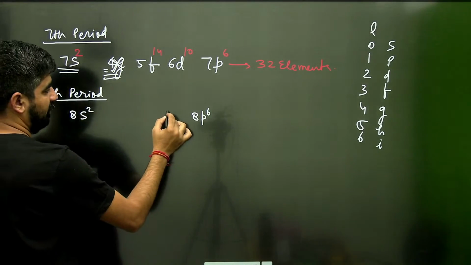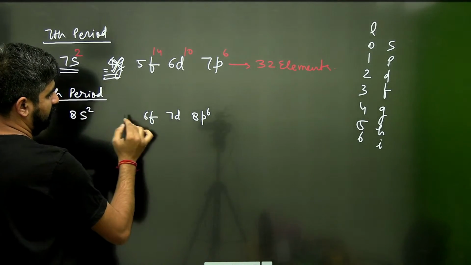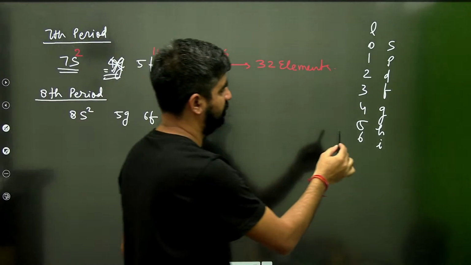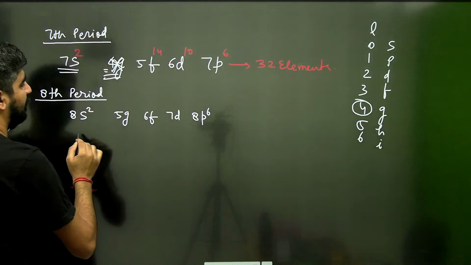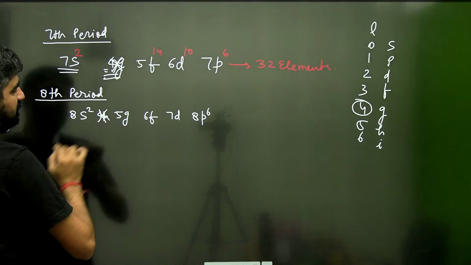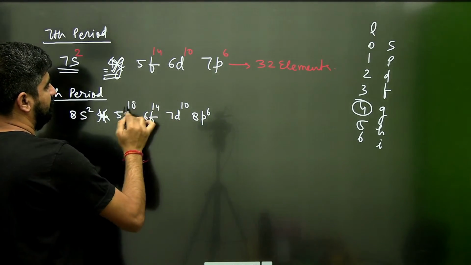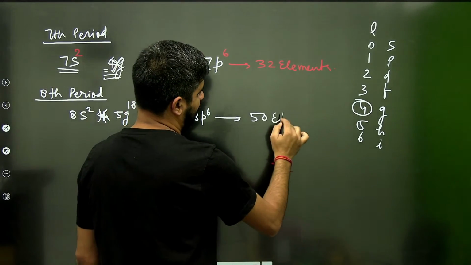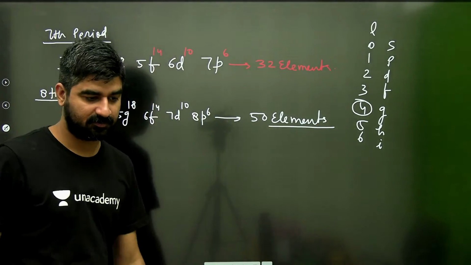Now I will write 7d, 6f, 5g. So 5g is possible because for g, l is 4, so it is possible. And if I write 4h, this is not possible, 4h. So it will be 10, 14 and 18. So how many elements will be there, guys? 50 elements. Got it?